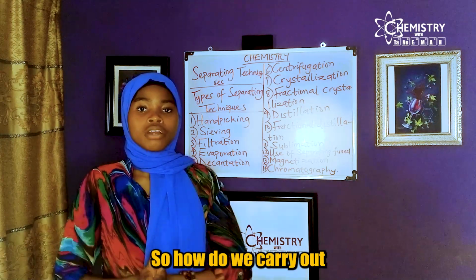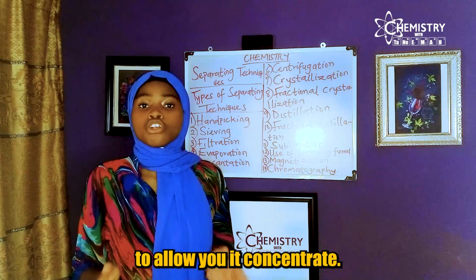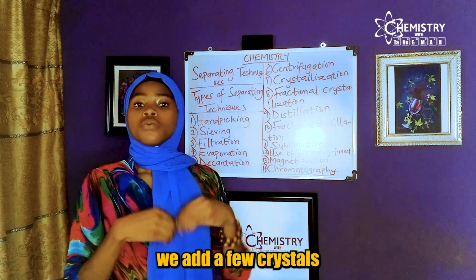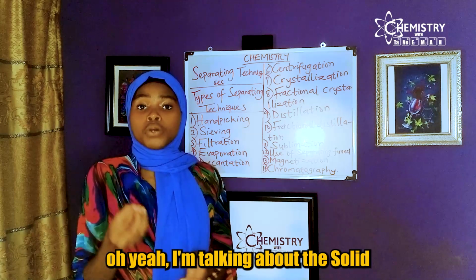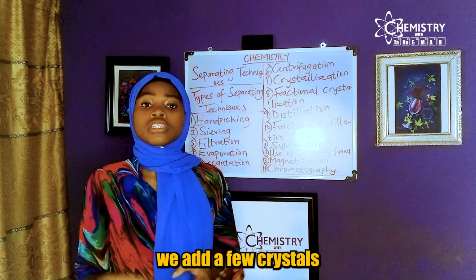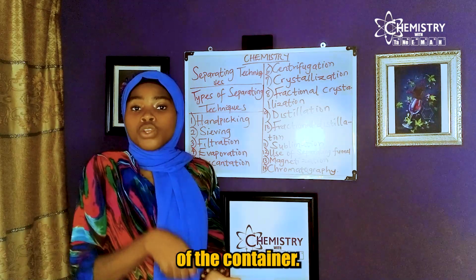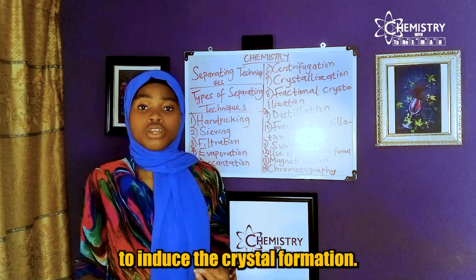So how do we carry out this crystallization process? What we do is we heat up the sample of the mixture to allow it to concentrate, then we leave it to cool down. Afterwards, we add a few crystals of the same salt. When I say crystal, I'm talking about the solid. We add a few crystals of the same salt into the solution, then scratch the edge of the container with a stirring glass rod to induce the crystal formation.